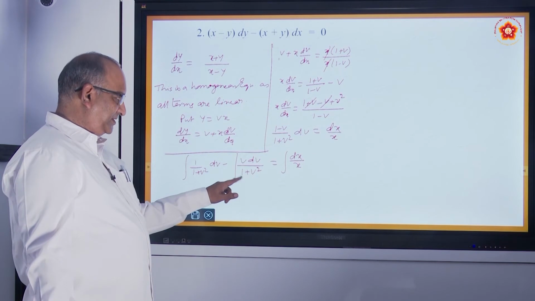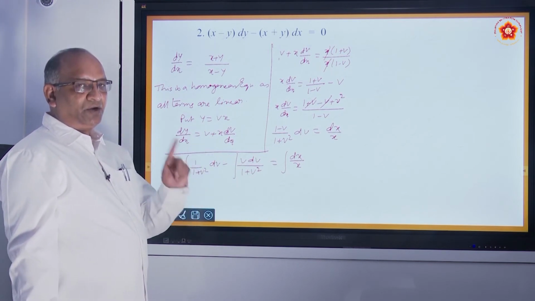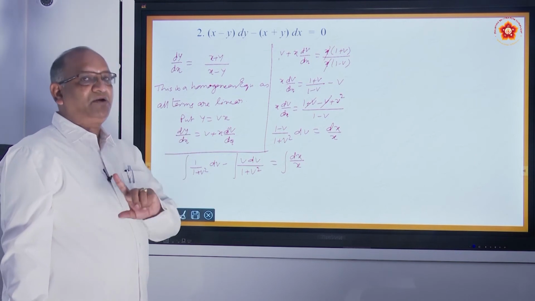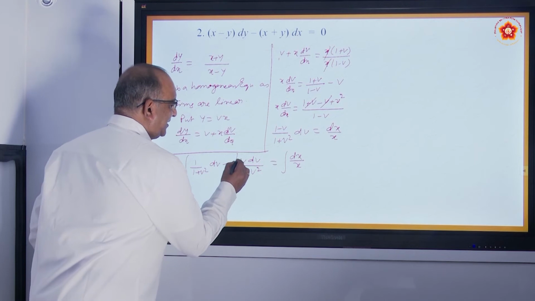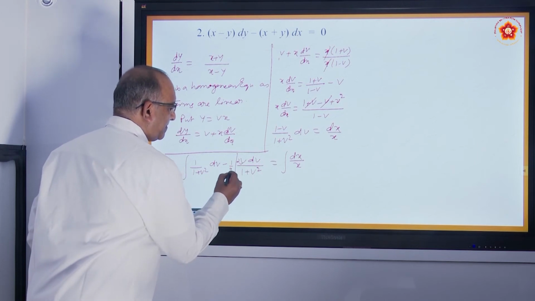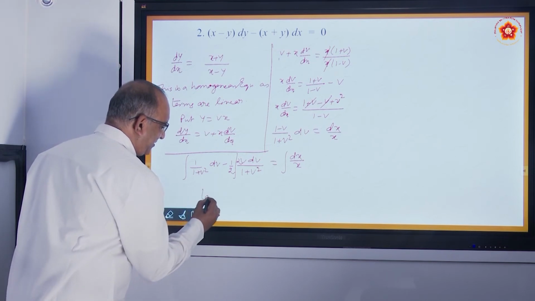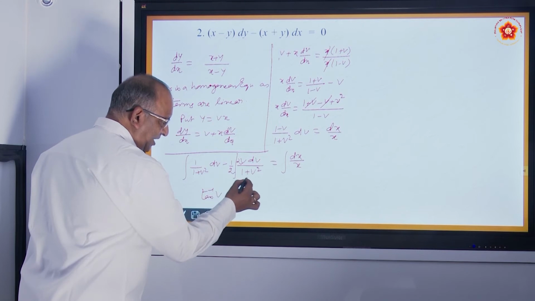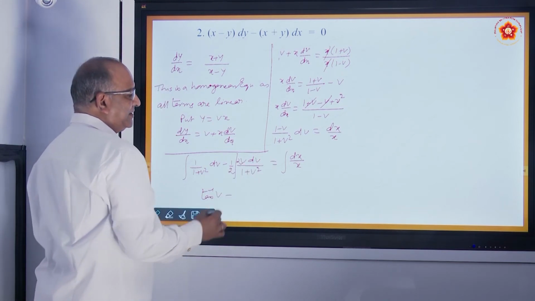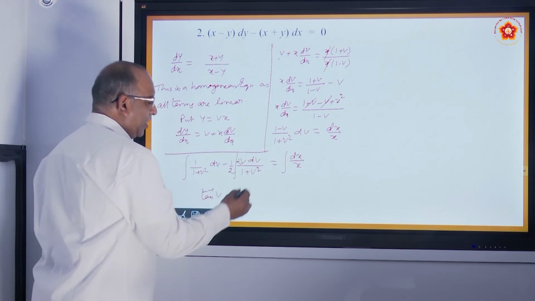When it comes to this, we take the denominator 1 plus v square equal to t. You are going to get 2v dv equal to dt. Since 2v is not there, we multiply and divide by 2. So, as a result, this will become tan inverse v minus, if you now take 1 plus v square as t, 2v dv will become dt, dt by t will become log t.